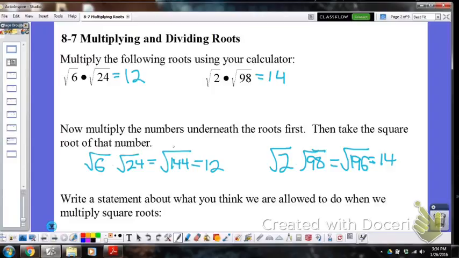So when we need to write a statement about what we think we're allowed to do when we multiply square roots, you notice that you can multiply what is underneath the roots. So we can multiply what is underneath the roots and then solve.